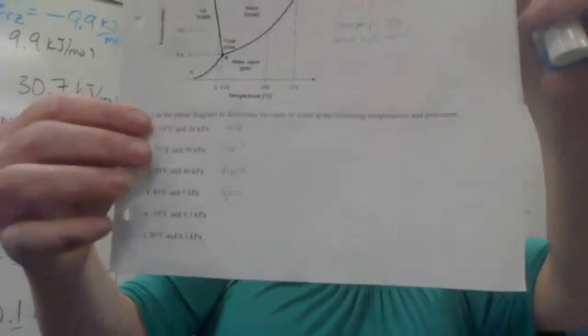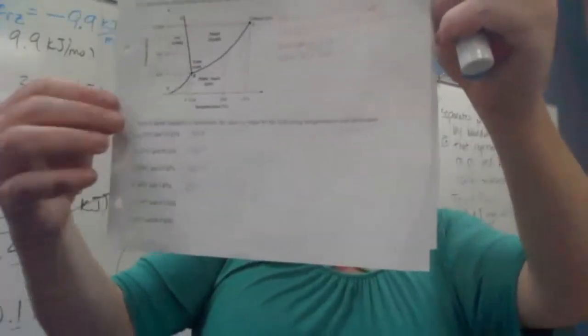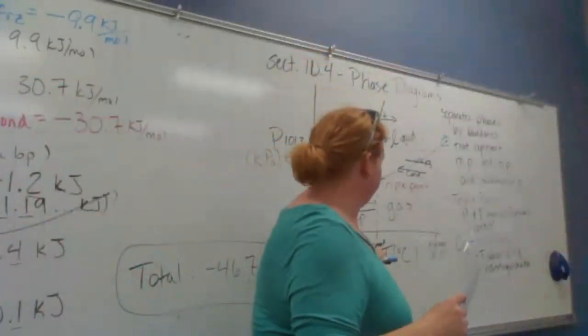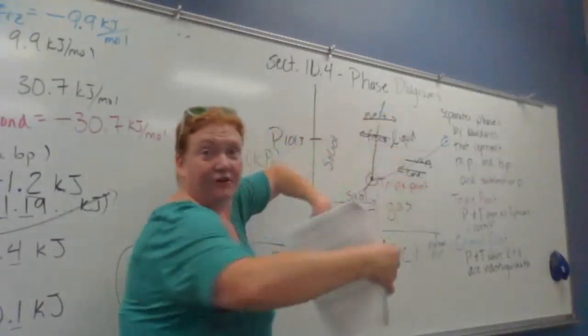They're kind of already labeled for you on there. Something I'm going to have you do in lab, if you want to practice it, is if I give you a pressure and a temperature like I'm doing on number 12, can you tell me what phase it's in?